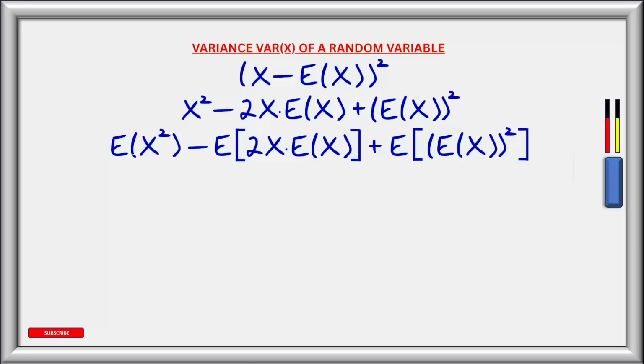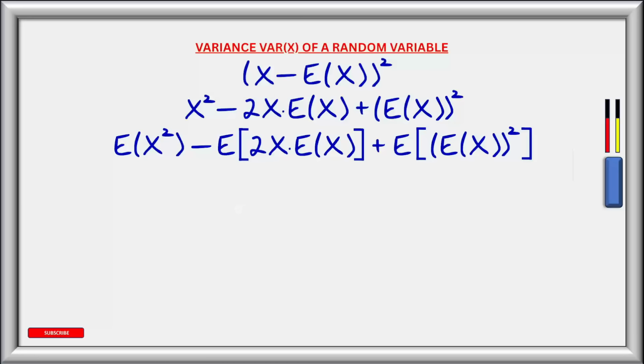So we have the expected value of X squared minus the expected value of 2X multiplied by the expected value of X, plus the expected value of the square of the expected value of X. Now remember, the expected value of X is just a fixed constant number, so a single value. And so because E[X] and 2 are constants, we can pull them out of this middle expectation.